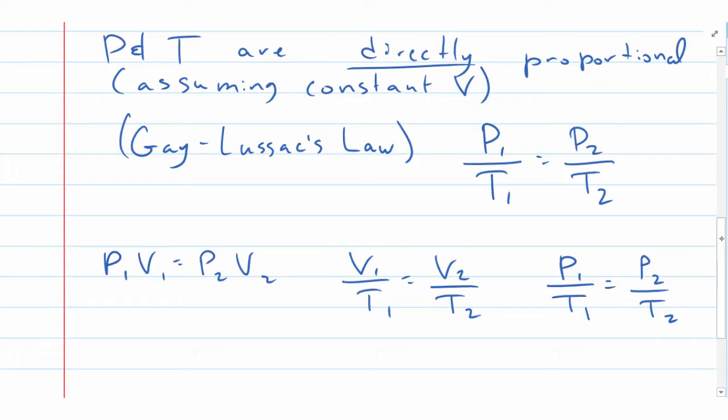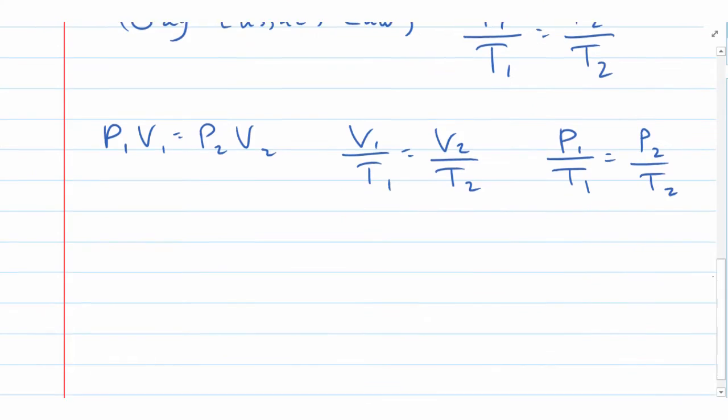And so what we can do is we can combine all of these into a single equation that looks like this. Again, if this is mathematics or a more advanced chemistry class, we'd derive this. We'd say P1 times V1 over T1 is equal to P2 times V2 over T2.